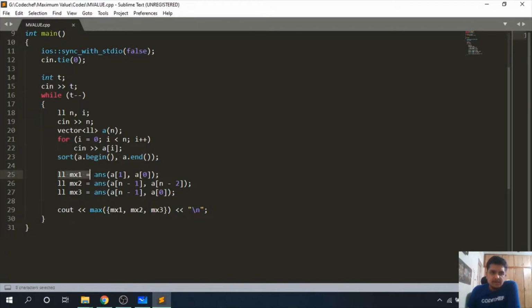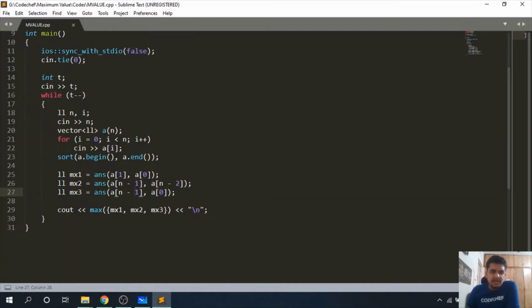Here I found max1, where max1 is the second element and first element. So the second element will be A over here and the first element will be B, as we saw that B could be the most negative element if max1 was to be the answer. Now max2. What was max2? Max2 was the top two greatest elements.